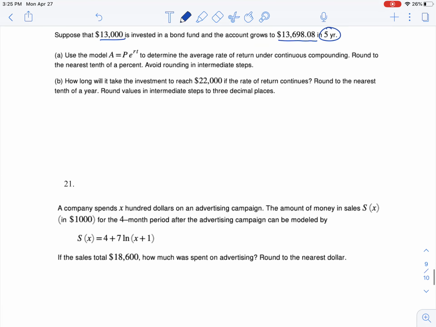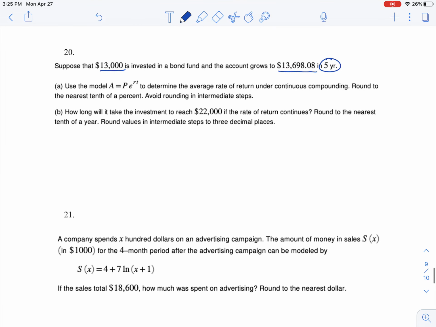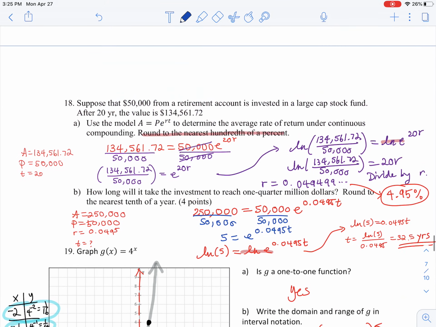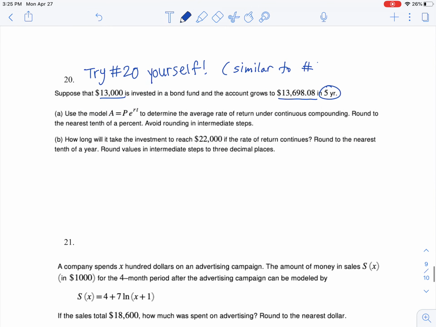It's really the exact same thing. So I'm going to ask you to try number 20 yourself. And I'll make a note similar to number 18. So I'll go and check both your Alex exam and your paper pencil exam. I think I have a duplicate of a problem because these are very similar.